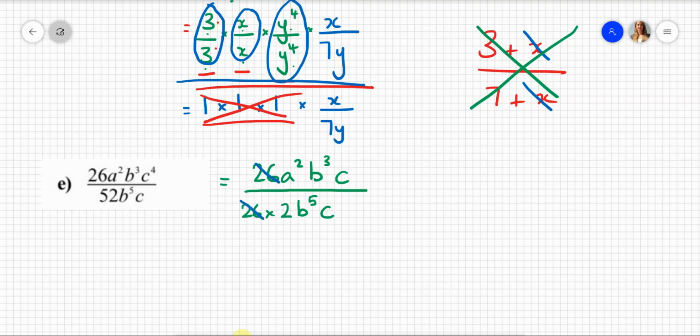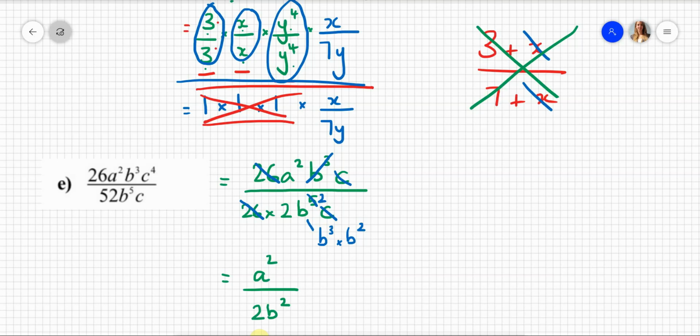The 26 over 26, because everything is multiplied in the denominator and everything is multiplied in the numerator, the 26 over 26 cancels. The b cubed will cancel with this b to the 5, which is really b cubed times b squared. So we'll be left with b squared there, and the c will cancel with the c. So we end up with a squared in the numerator over 2b squared in the denominator.